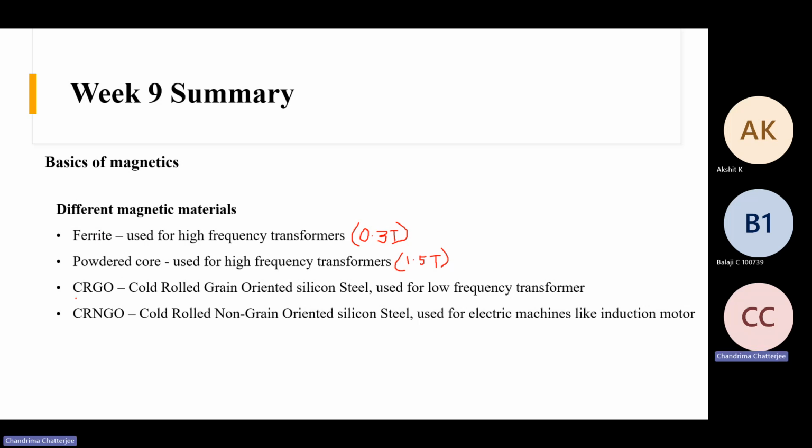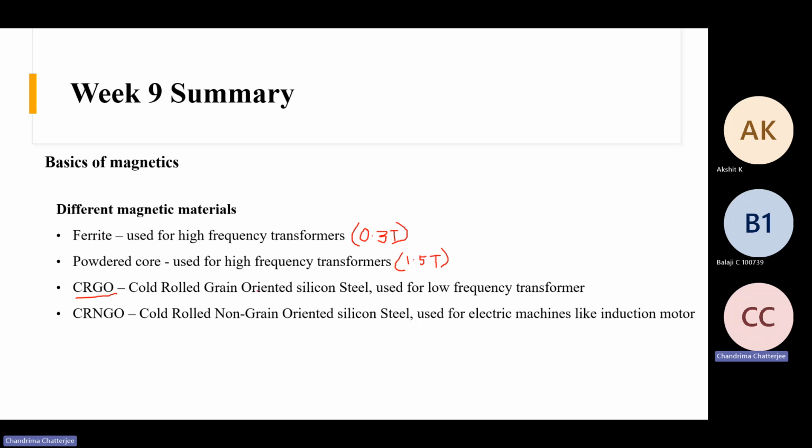Another one, I think you have heard of this one, CRGO, cold rolled grain oriented silicon steel. This is used in low frequency transformers. If you have visited any power plant, you will see very big power transformers which are 50 hertz or 60 hertz transformers. That's why they are called low frequency transformers.